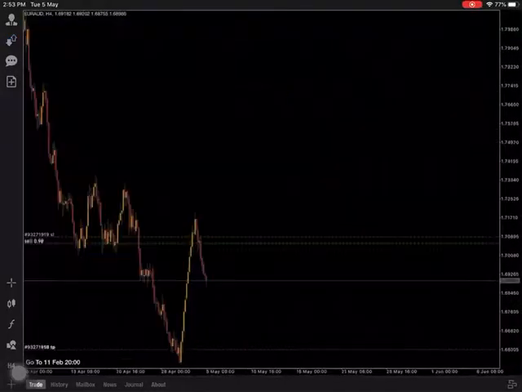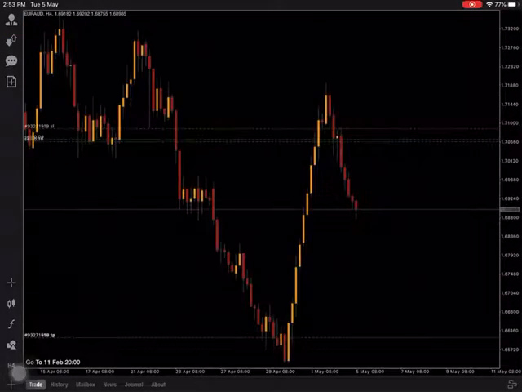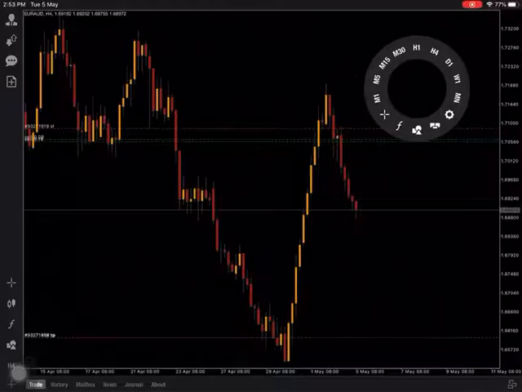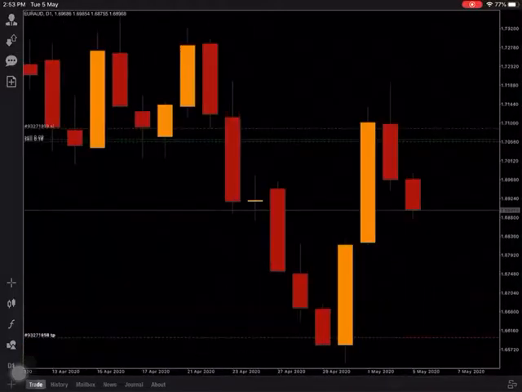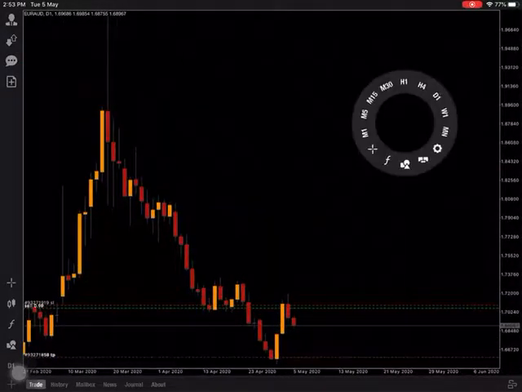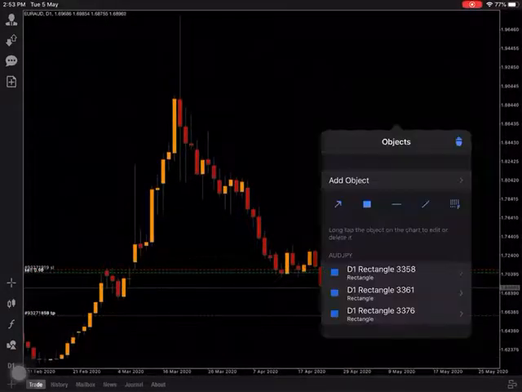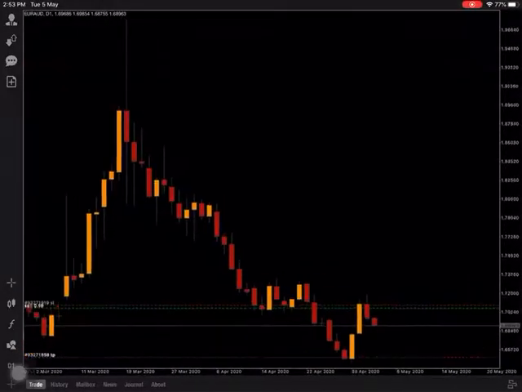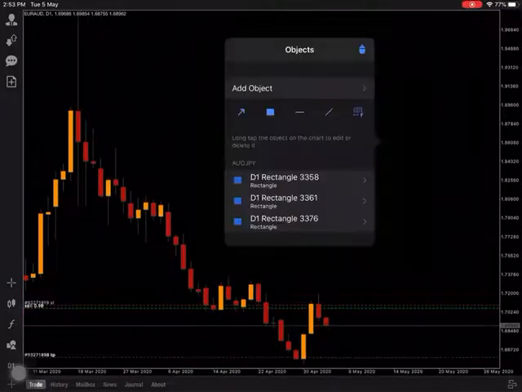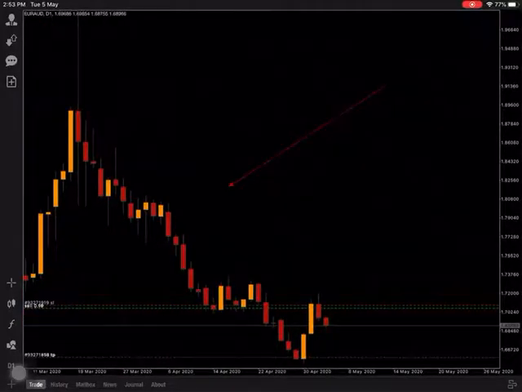For Euro Aussie right now, I took a sell. Why did I take a sell? There are multiple reasons. If you look from here, Euro Aussie, from left to right, it's a clear downtrend in daily, naked.